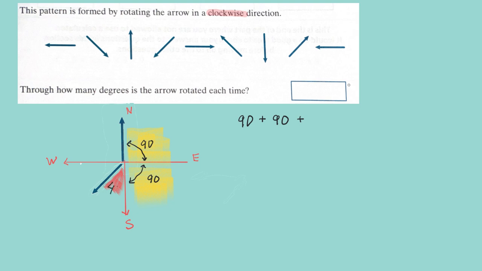So I'll write 45, and that means we add 45 here, and that'll be together 180 plus 45, which is equal to 225 degrees. So we can write 225 degrees over here. Now we don't have to go measuring every single arrow, because they are all in a pattern and have the same number of degrees rotated each time.